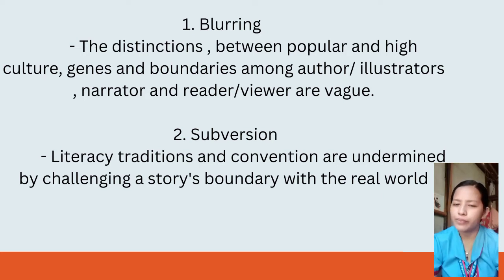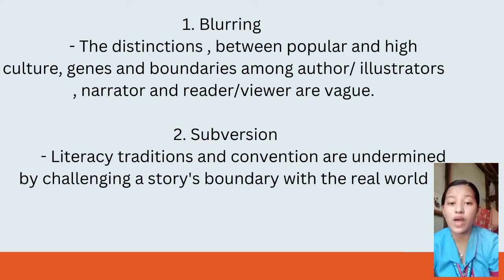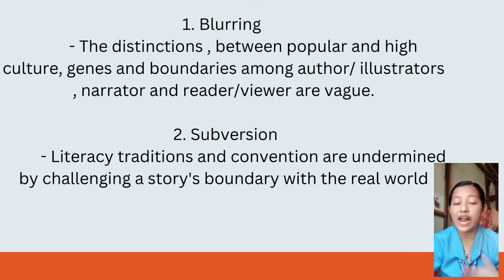So, blurring is somewhat like the difference between the popular culture, or the boundaries among authors, illustrators, and the readers. When writing postmodern picture books, we should identify the differences among the authors, the illustrators, and the readers.